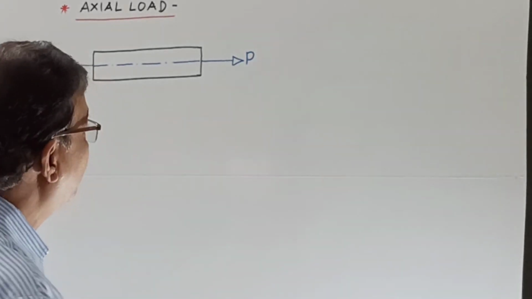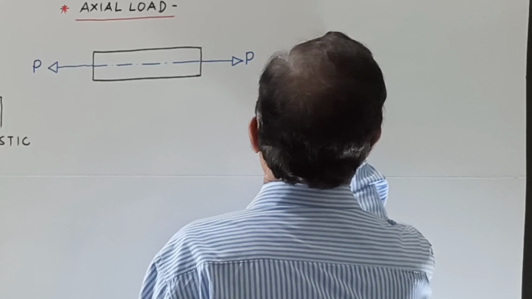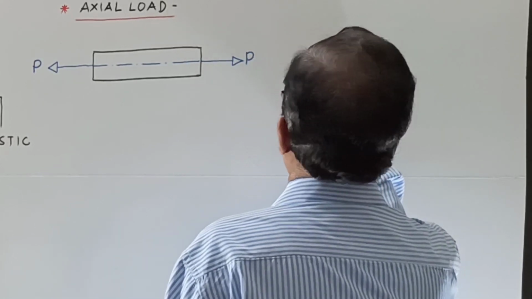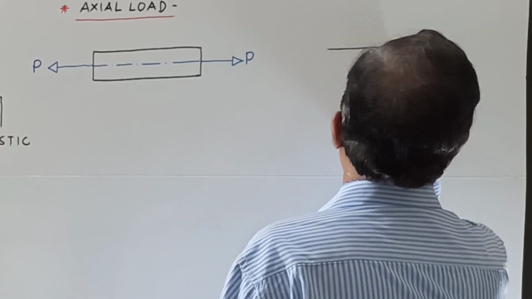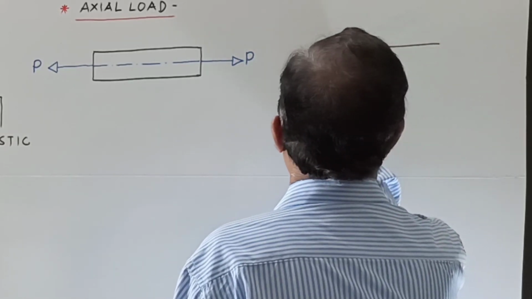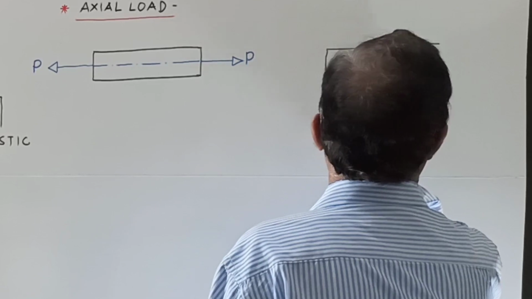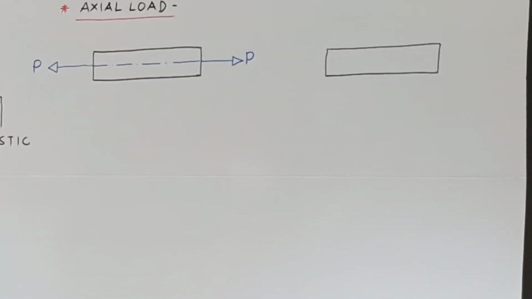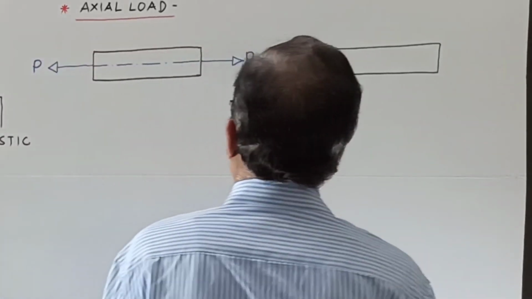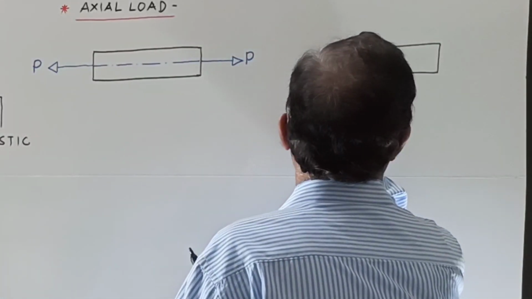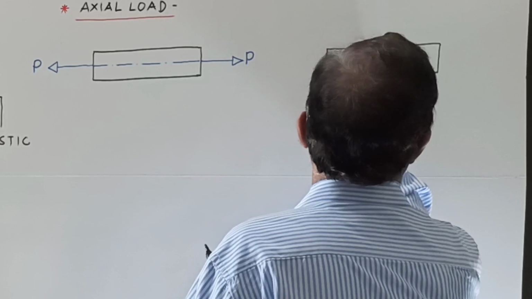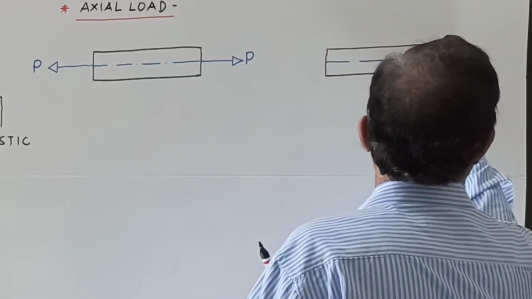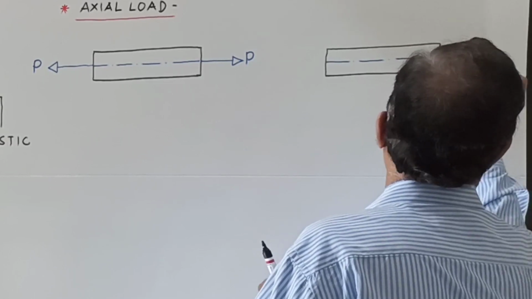Now, one more figure I will draw. Again, consider a body, definitely of elastic material. Now this is the axis of the body, and this is the external load applied on the body.